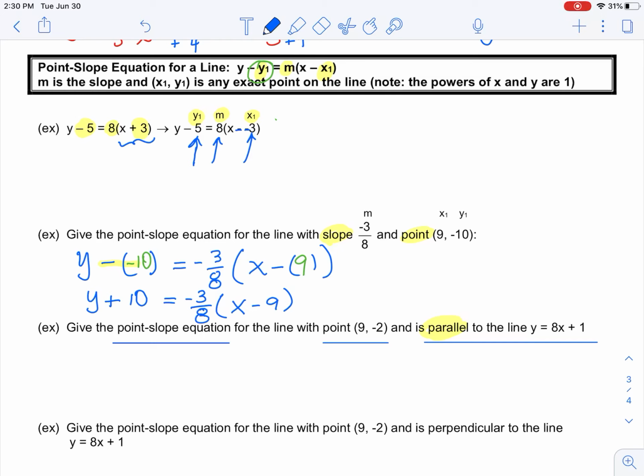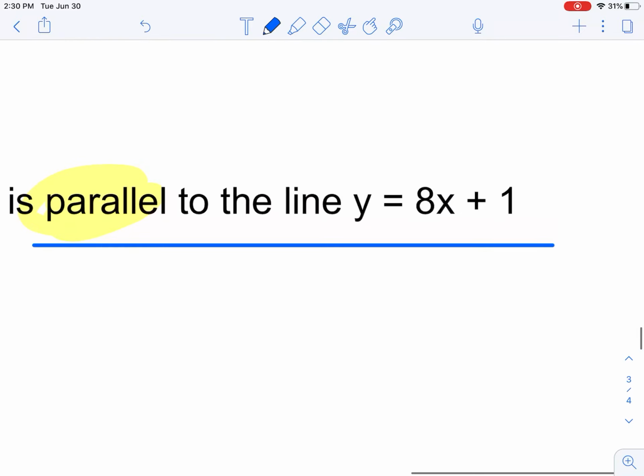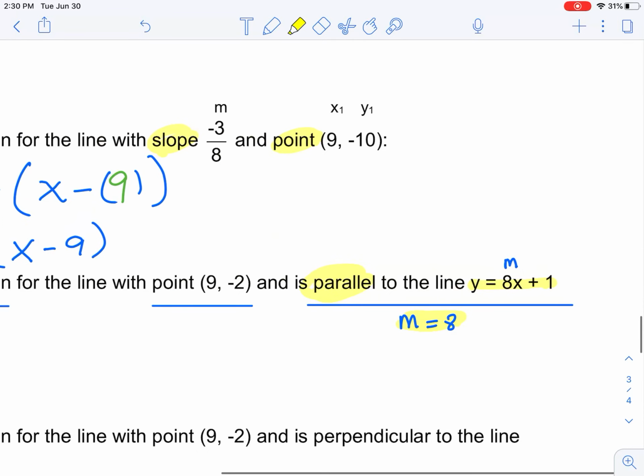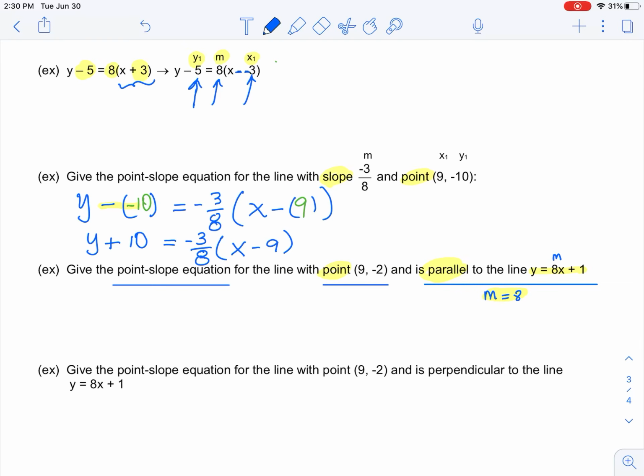We know that any lines that are parallel to one another have the same slope. So here, your slope is 8. So m equals 8. Any line that is parallel to this equation is also going to have a slope of 8. And we also have a point, so we're good to go.